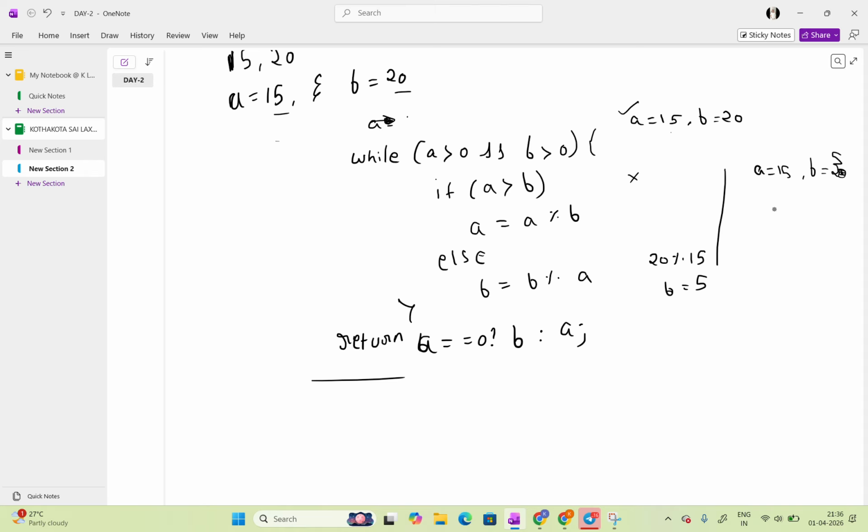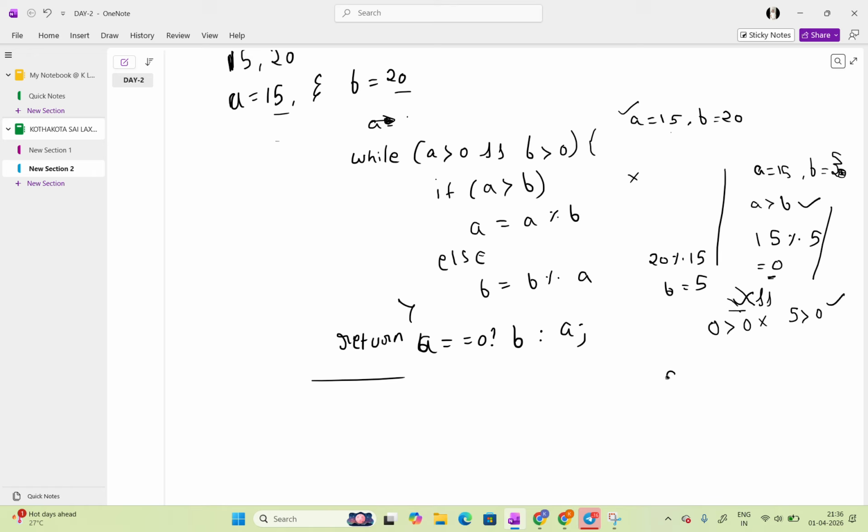So now what was happening here? A is greater than B. Condition satisfied. 15 modulo 5, what will we get here? 0. We are going to get 0. So I said both should be greater than 0, but in the next iteration it is going to terminate. 0 greater than 0, no, it's not satisfying the condition, and 5 greater than 0, but both conditions must be satisfied, and here it was not.